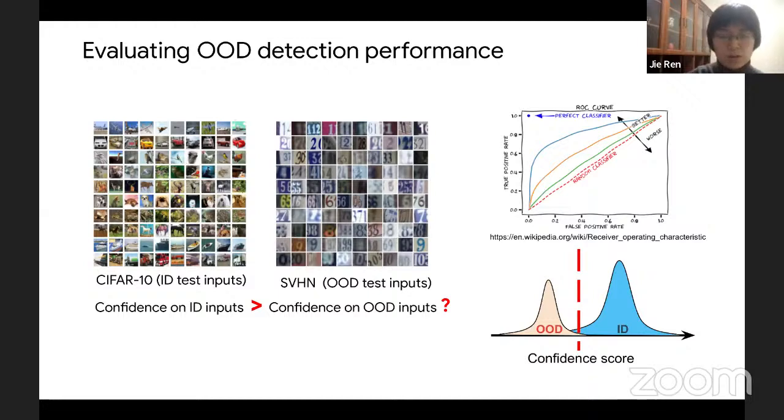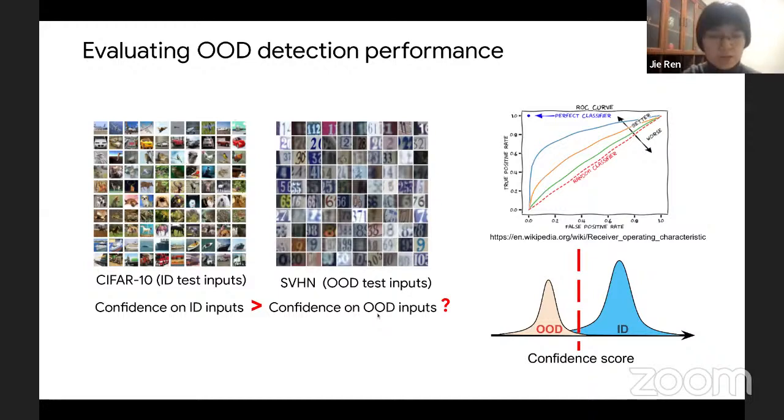We want a confidence measure or score that describes the confidence of an input being in-distribution. Ideally, if the confidence score is good enough, the score for in-distribution inputs should be greater than the score for OOD inputs.